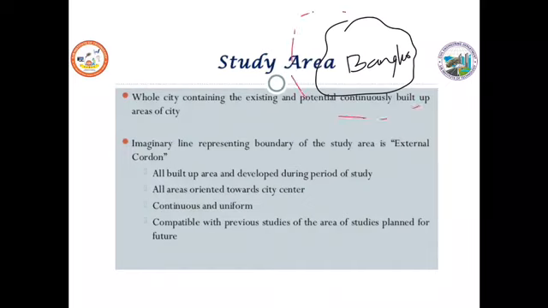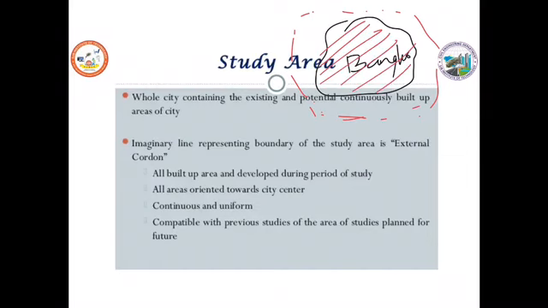After 2-3 years, Bangalore may reach a certain extent, so the boundary of the city may expand. So when the study area is considered, we need to consider all the regions where development has already been done, and those regions likely to develop in the near future.